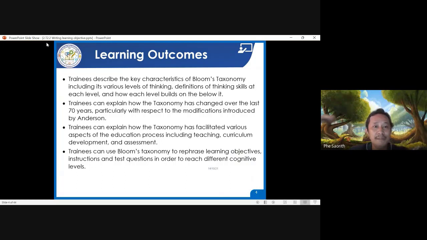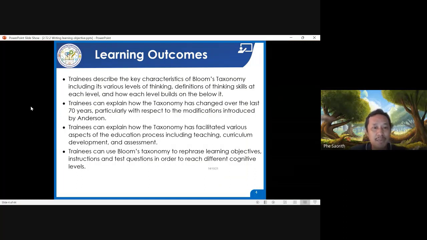And the second one: trainees can explain how the taxonomy has changed over the last 70 years, particularly with respect to the modifications introduced by Anderson. Anderson was Bloom's student, and that is what we call the revised Bloom's taxonomy.